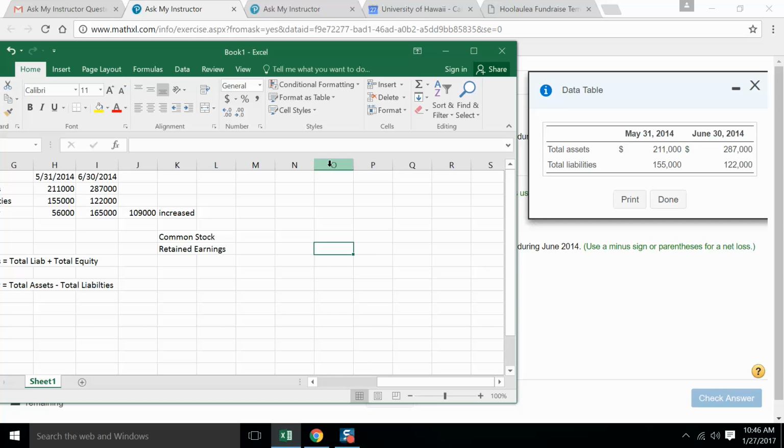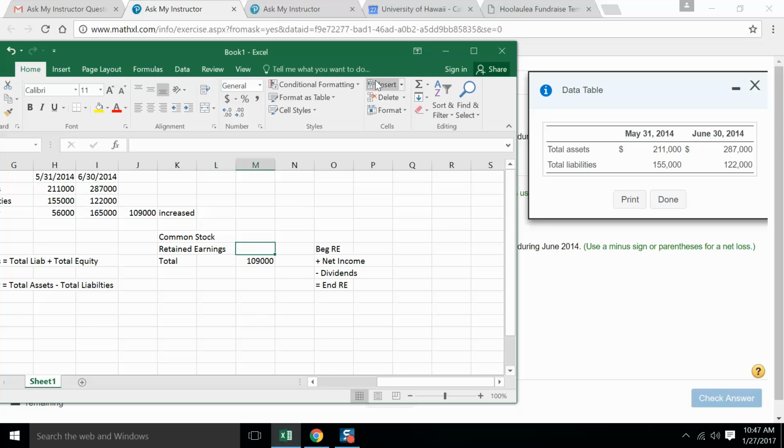Okay, the formula for retained earnings is beginning retained earnings plus net income minus dividends, right, equals ending retained earnings. Okay, so what we're trying to do is isolate the effect that net income had on the change in retained earnings. So we know that in total, equity increased by 109. Okay, so we're accounting for the increase in equity.